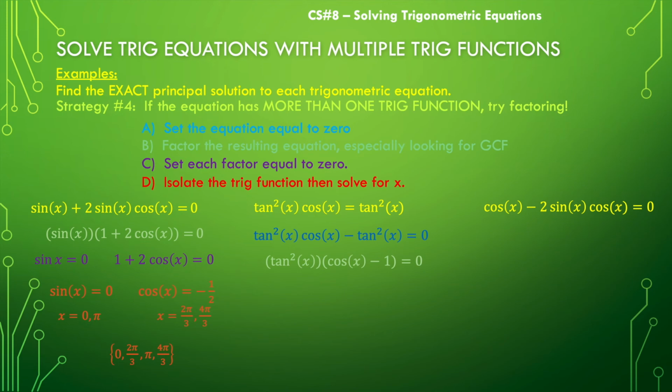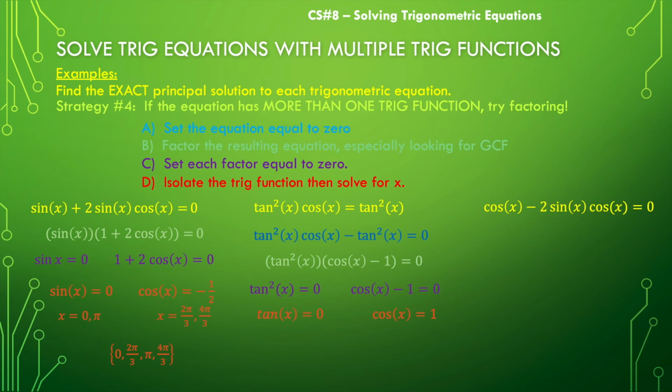And if you're ever worried that maybe you didn't do this quite right, think about mentally just distributing it through. Tangent squared of x times cosine of x does get me this term, and then tangent squared of x times -1 gives me this term. Okay, perfect. So now let's set each of those factors equal to 0, isolate the trig functions, and then find the angles that satisfy these conditions.